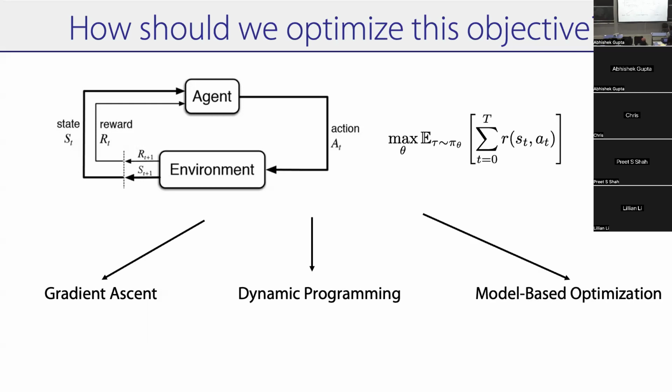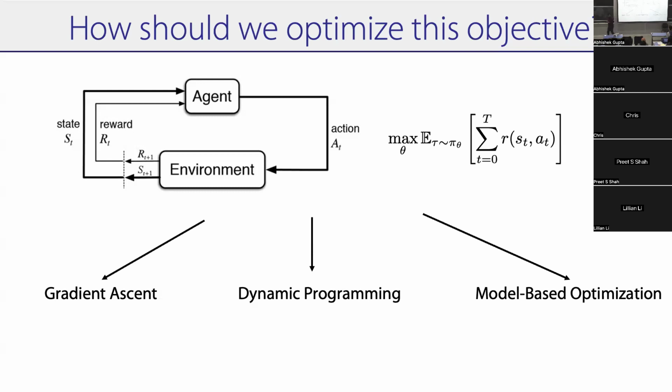And the third type of method we're going to talk about is model-based optimization. Model-based optimization is saying, rather than directly optimizing something where the functional form is unknown, we're going to approximate it with something where the functional form is known, and then use that to optimize through a surrogate model. Those are three types of methods we're going to cover today. If there's a different type of method we should cover, let me know.